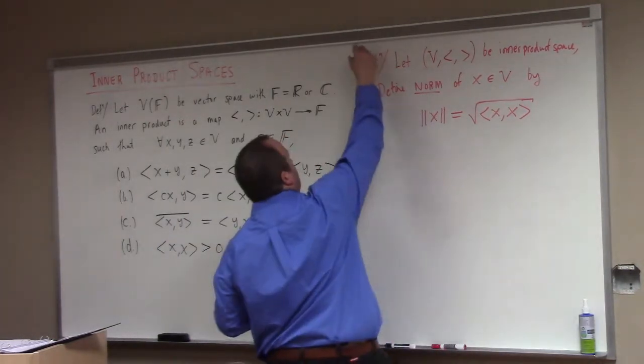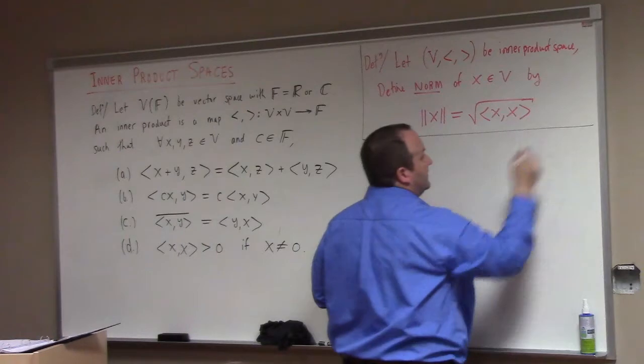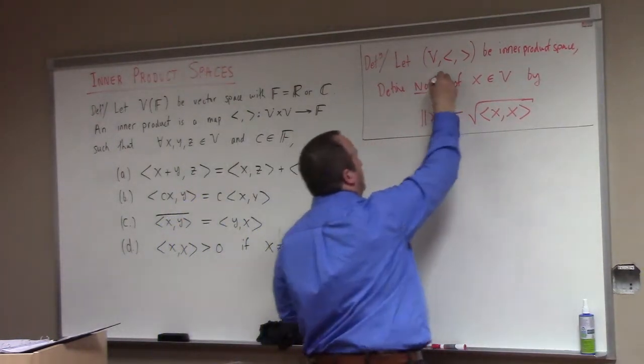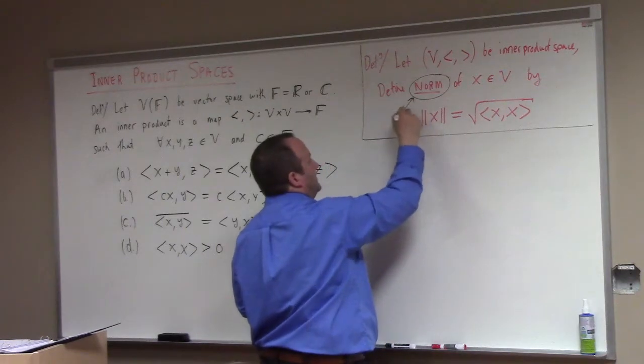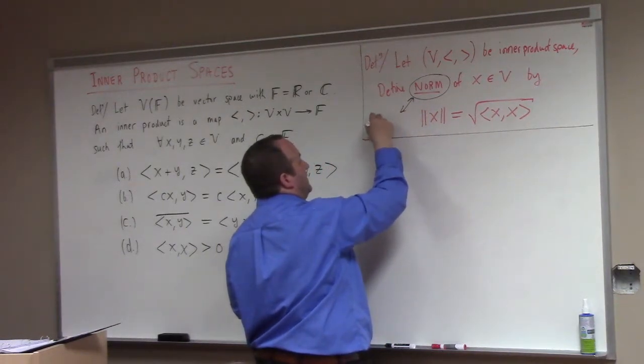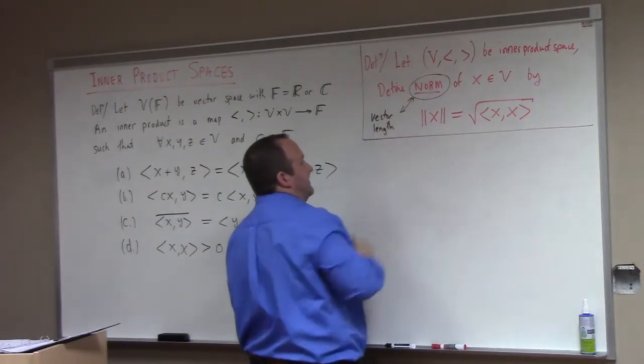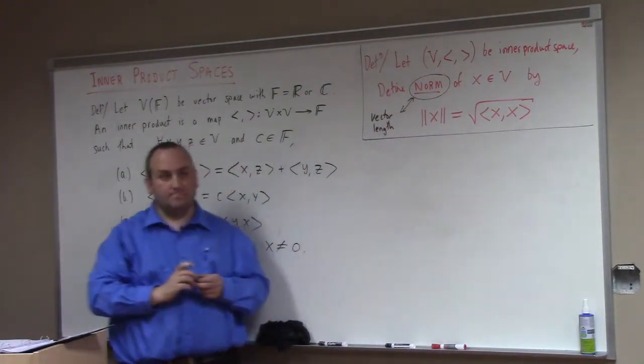So this defines the norm of a vector. The norm is sometimes replaced with the equivalent term vector length. So the norm is the length of the vector, right?